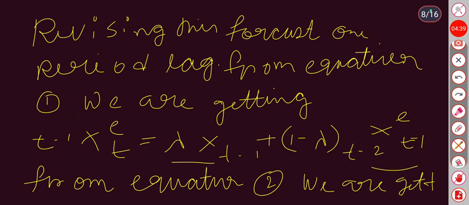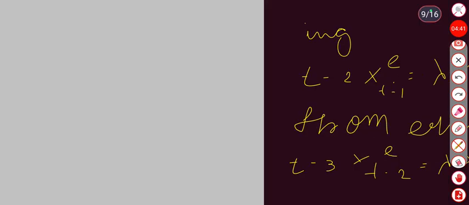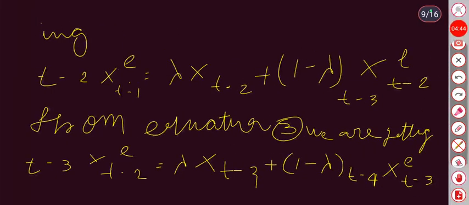From equation 2 we get similarly that expected value of t minus 1th period is exactly equal to actual value of t minus 2th period plus expected value of t minus 3th period, expected value of t minus 2th period.